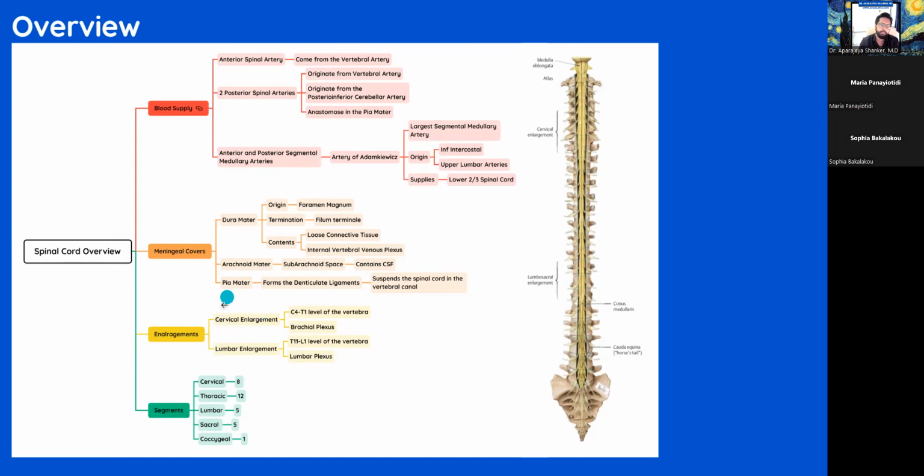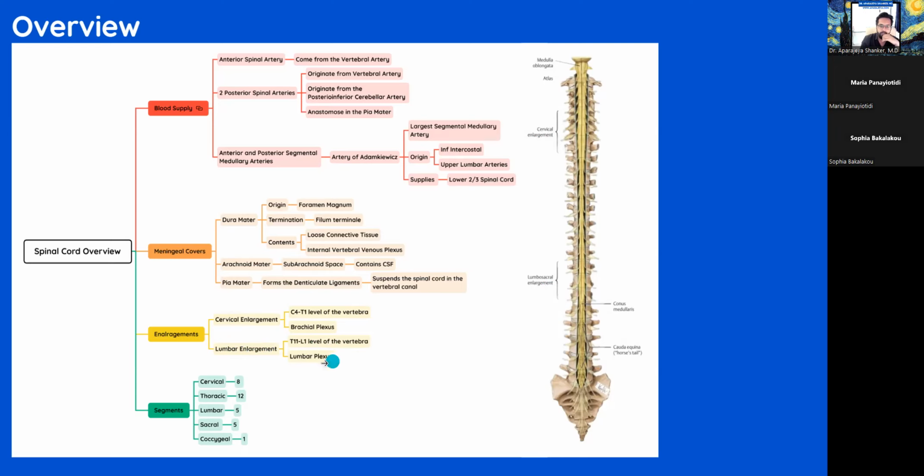And the reason why these two enlargements exist in the first place is because the areas that they are supplying require a lot of musculature. And because they have a high amount of musculature with a lot of precise movements, you need to have more nerves going through that area. That is why you have two enlargements, the cervical and the lumbar enlargement.